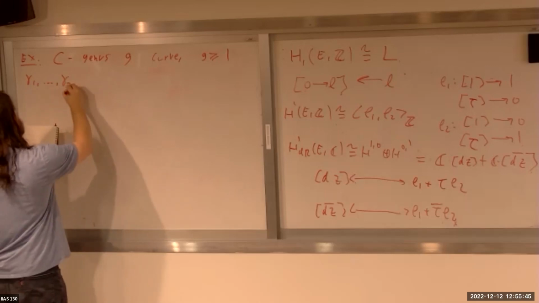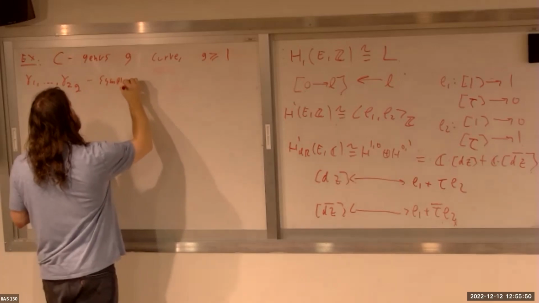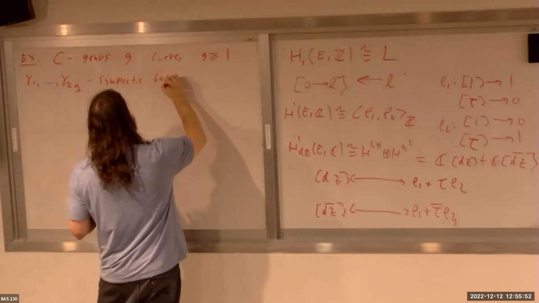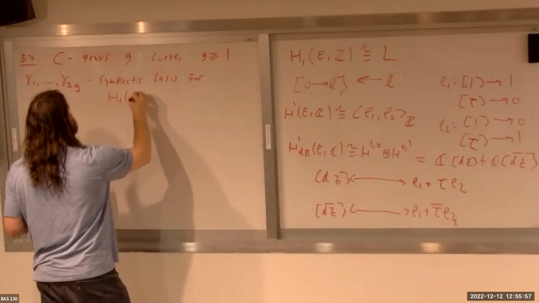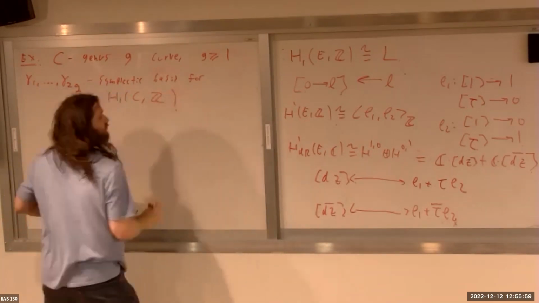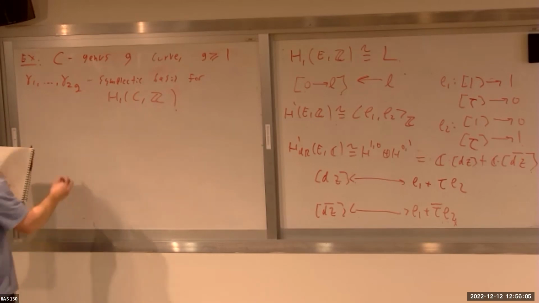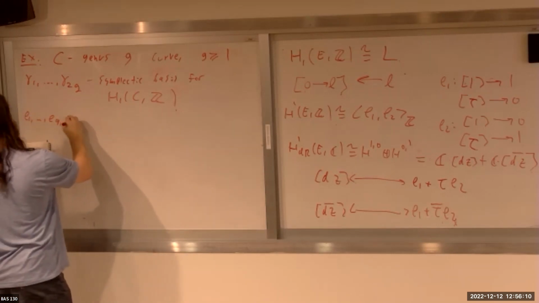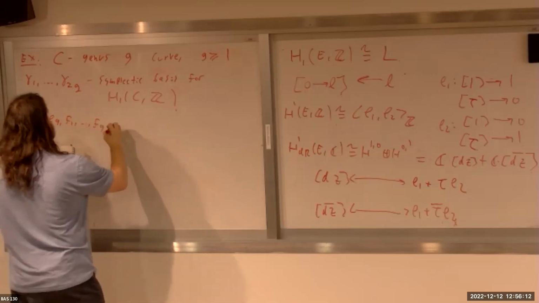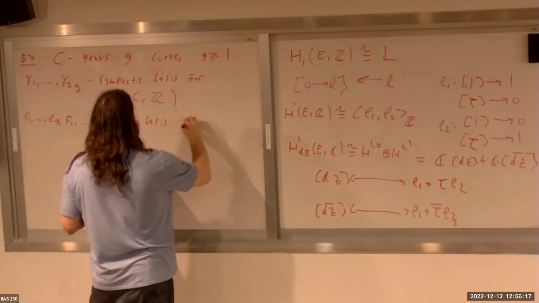So we'll let gamma_1 through gamma_2g be a symplectic basis for H_1. So gamma_1 through gamma_g pair with gamma_{g+1} to gamma_2g in the usual way. We'll let e_1 through e_g and f_1 through f_g be the dual basis in cohomology.